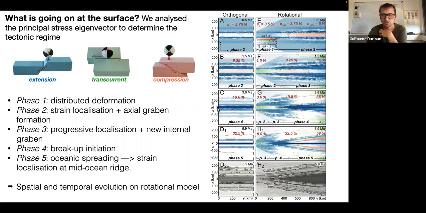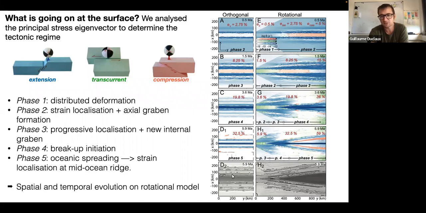In the orthogonal model, breakup occurred already, and you see most of the strain localization is actually along this now spreading ridge system. And as the model goes, we've got some real oceanic spreading and localization really limited to a very narrow band here. We also see some inversion of the tectonic activity with compression on the passive margin, which seems to propagate.